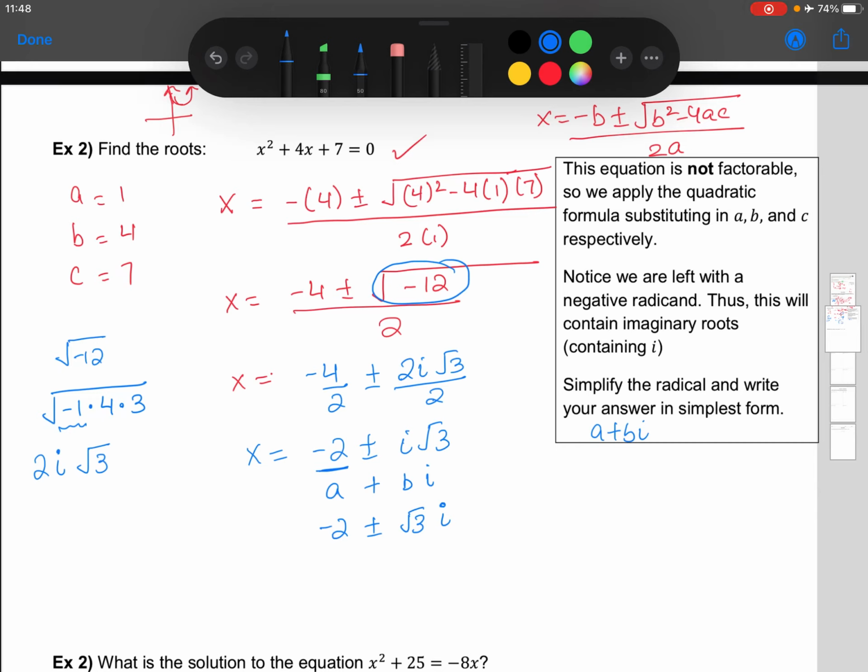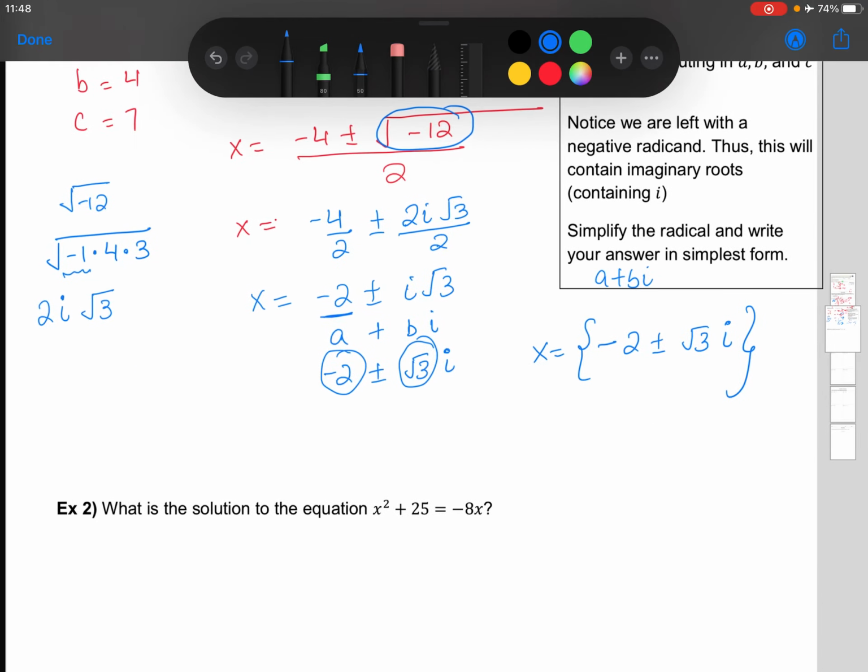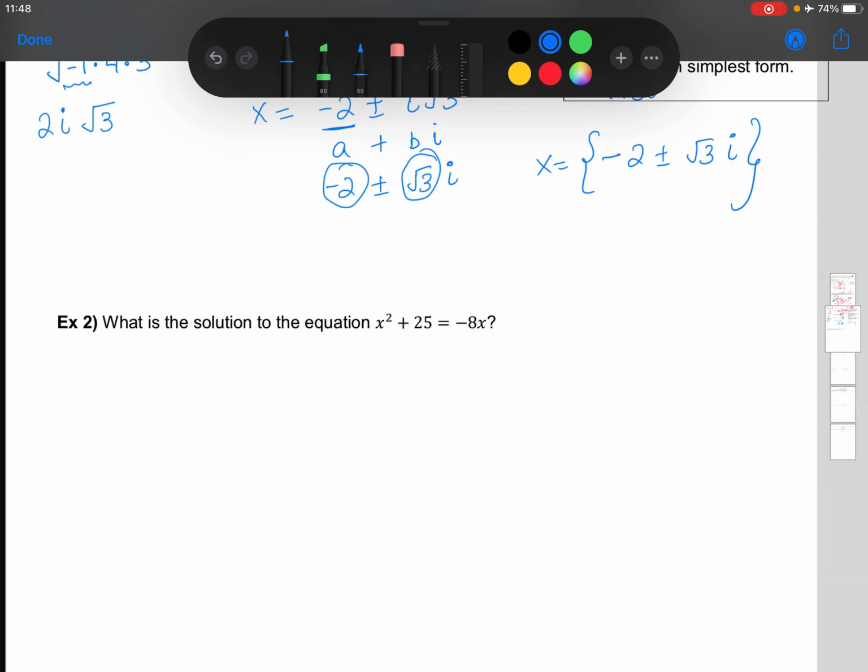Okay, not very picky on that, but I just want you to understand that your b is rad 3 and a is your -2. So your solution set is -2 plus and minus rad 3 i. It really doesn't matter. You won't lose points if you wrote i rad 3, but I'm just saying it, taking that notation into consideration and writing the way it is written.